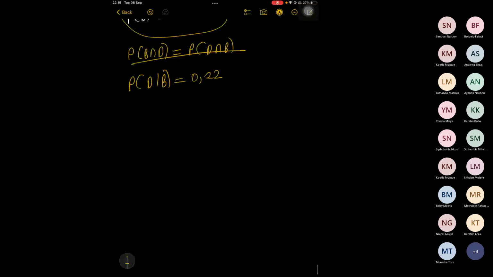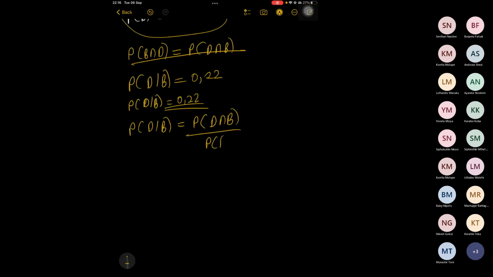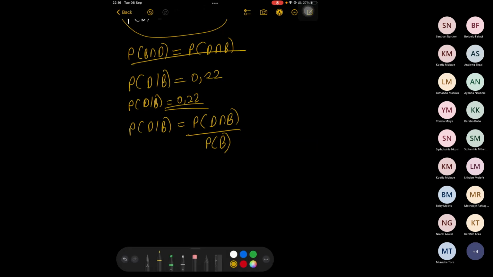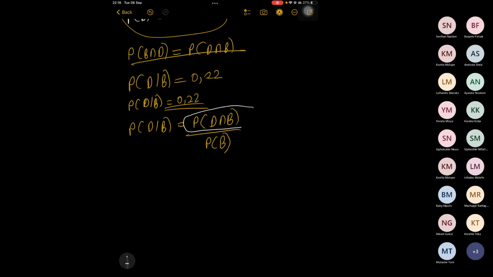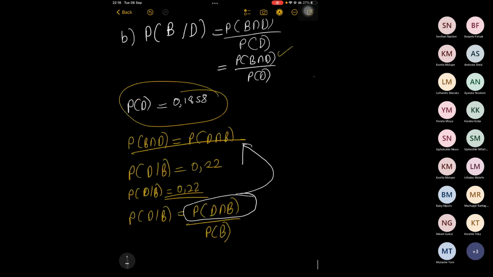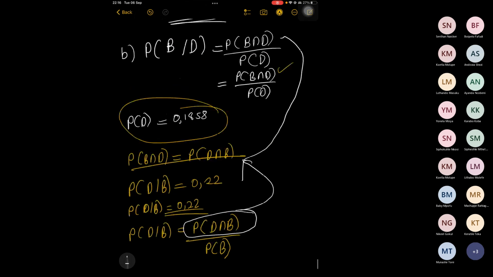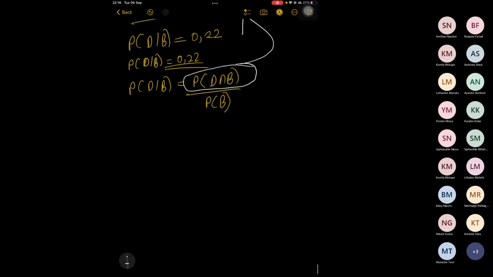So how do you calculate this one now? It means that probability of D given B is equal to 0.22. But how do you get this? The probability of D given B is the same as the probability of D intersection B over probability of B. You see? Then what's our main point of interest? What you are interested in is this numerator, which is also the numerator in the computation that you are trying to achieve.